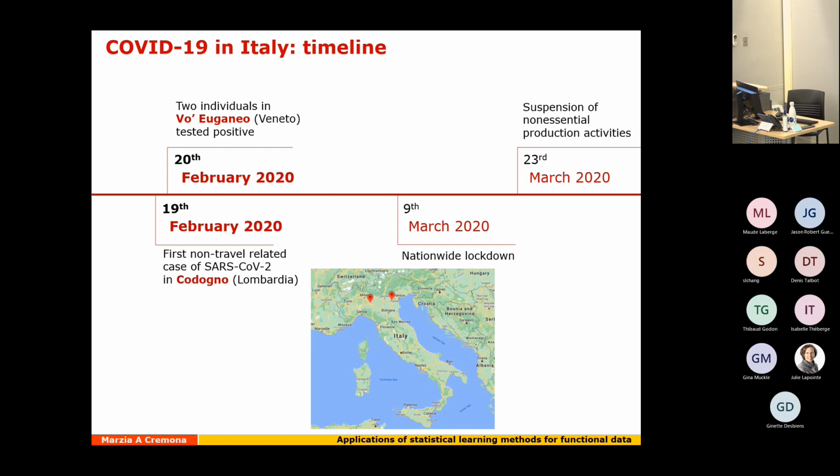Those are the two regions where everything started. And the situation became bad pretty quickly. At the beginning of March, there was a nationwide lockdown, and on the 23rd of March, all activities were suspended, and basically people could not go out of their house.